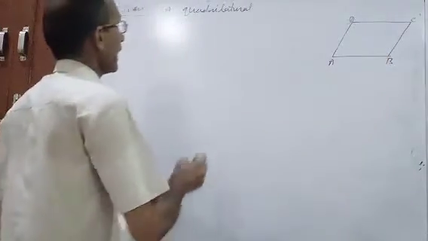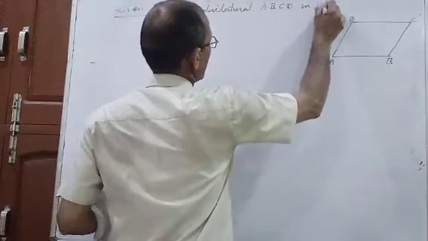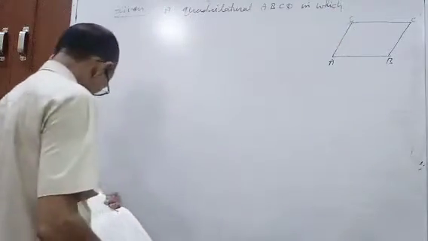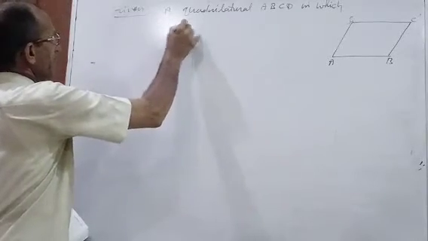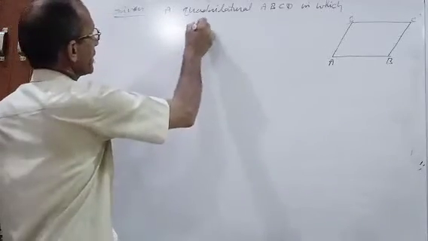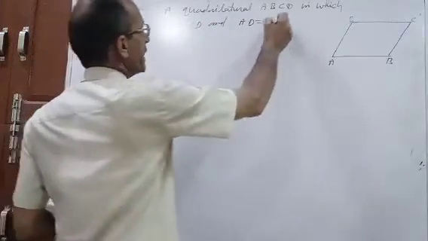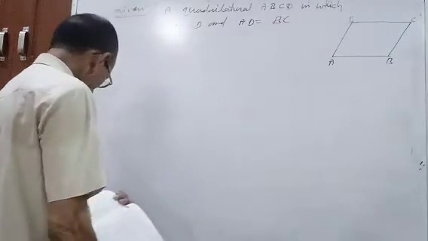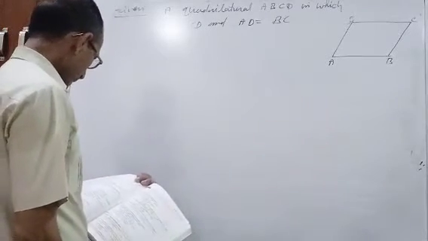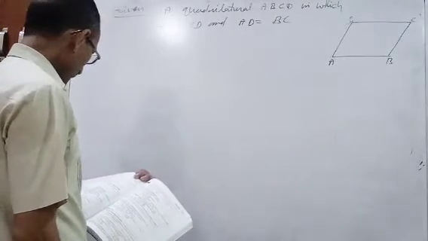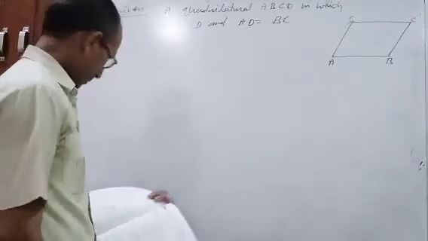Given a quadrilateral ABCD in which AB is equal to CD, and AD is equal to BC. This is given. Opposite sides of a parallelogram are equal and parallel.